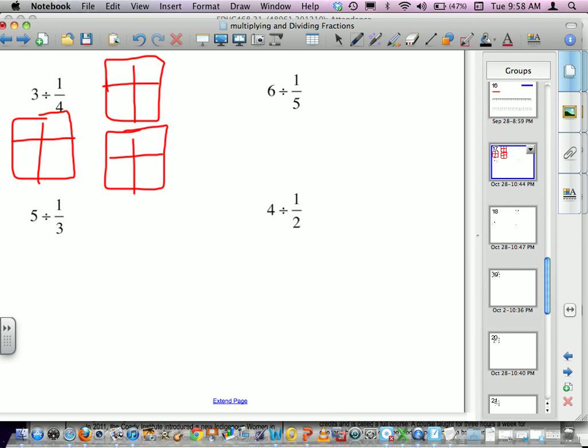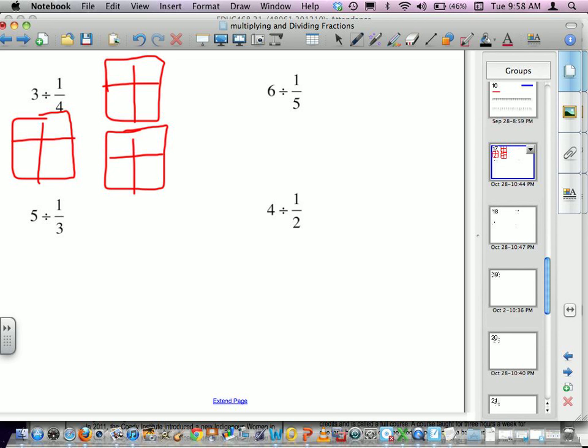And I might say to myself, how many sets of 1/4 are in 3? I might say to myself, how many quarters are in $3? And how many quarters are in 3?